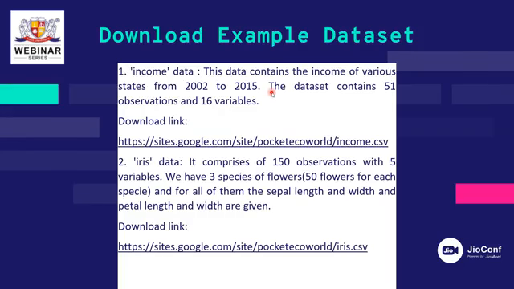The income data indicates the income of various states from 2002 to 2015, and it contains 51 observations and 16 variables. The Iris data comprises 150 observations with 5 variables and 3 species of the flower: species, sepal length, sepal width, petal length, and petal width.